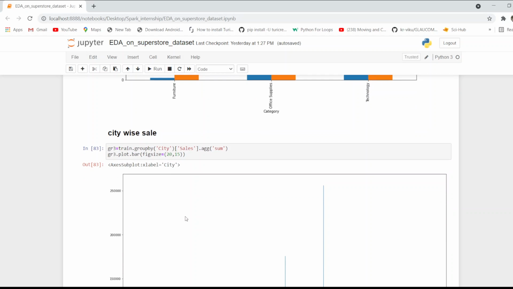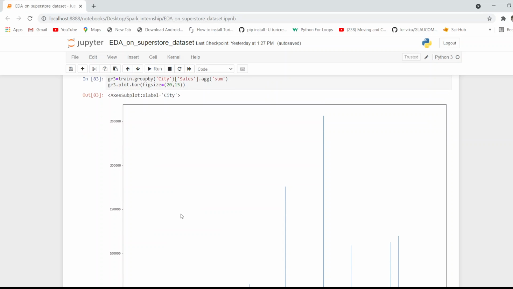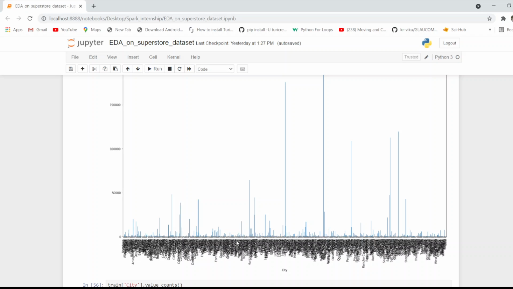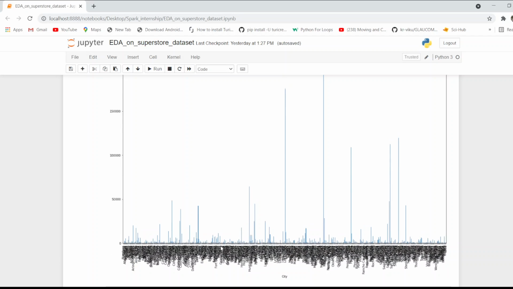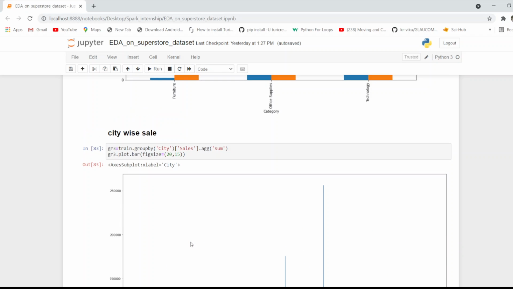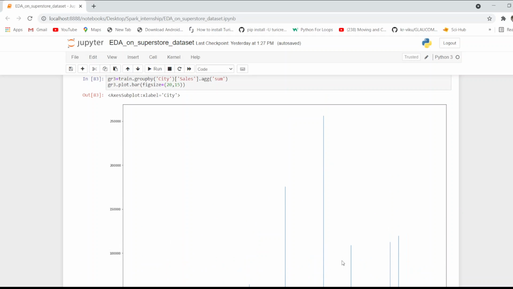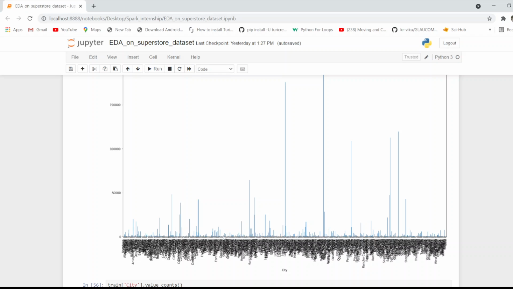Then I have used a city wise sales graph, to see which city sells the most items. Because there are 531 unique cities, this graph might not be that clear, but you can see over here, this city gives us most of the sales.